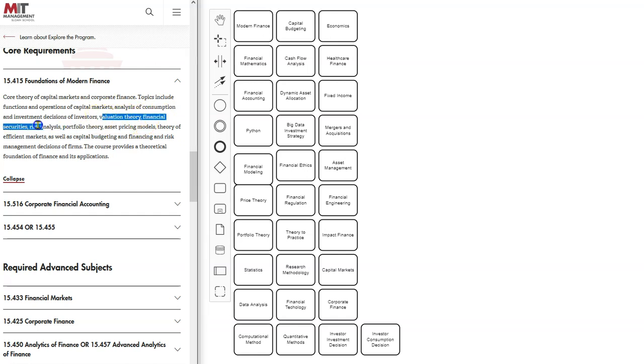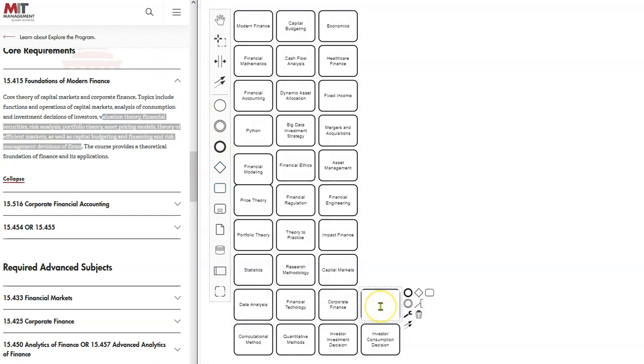Valuation theory, financial securities, risk analysis, portfolio theory, asset pricing models, theory of efficient markets, capital budgeting, financing and risk management decisions of firms. Okay. So let's get all these here. So you have valuation theory.